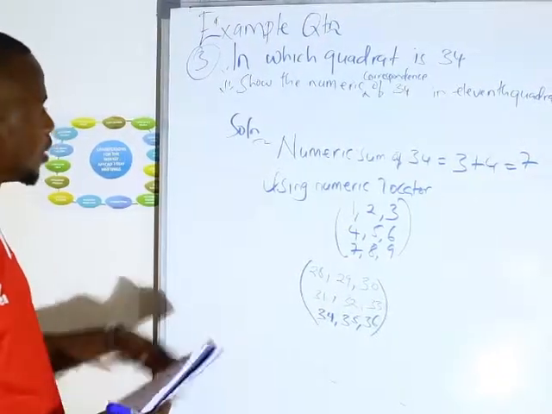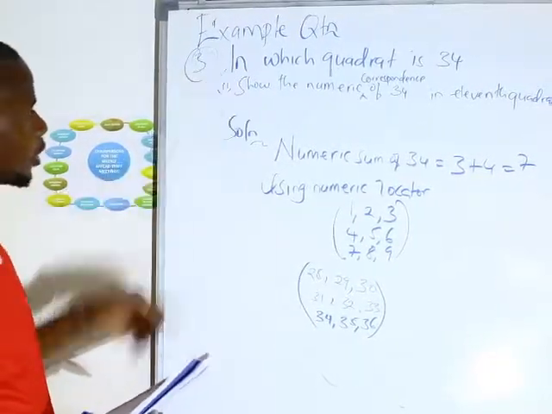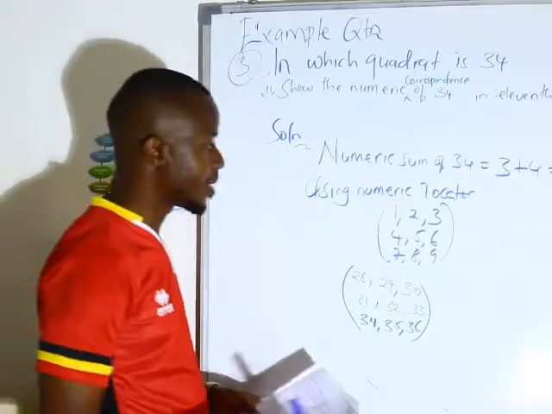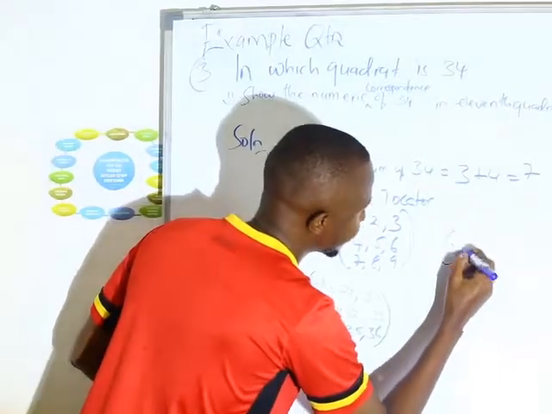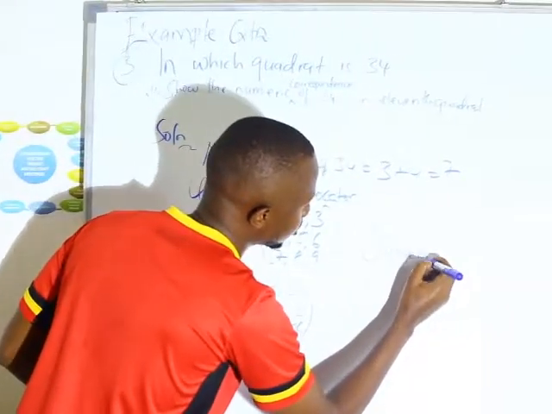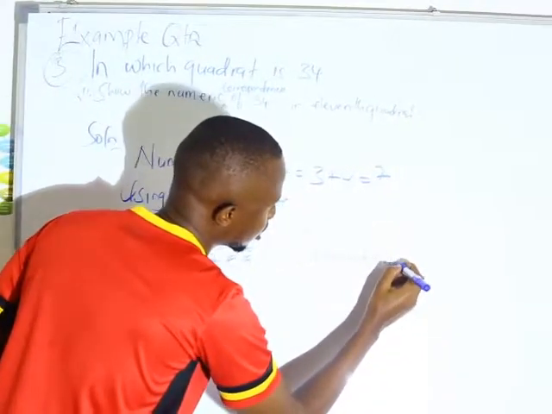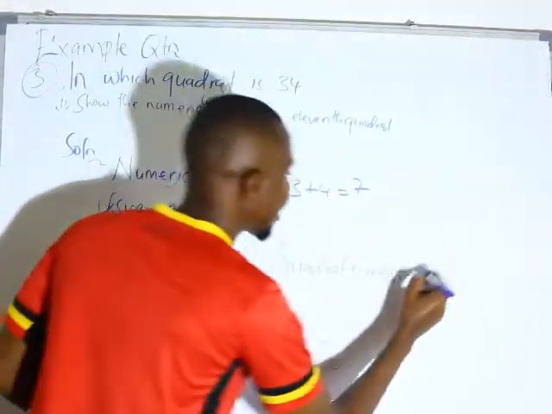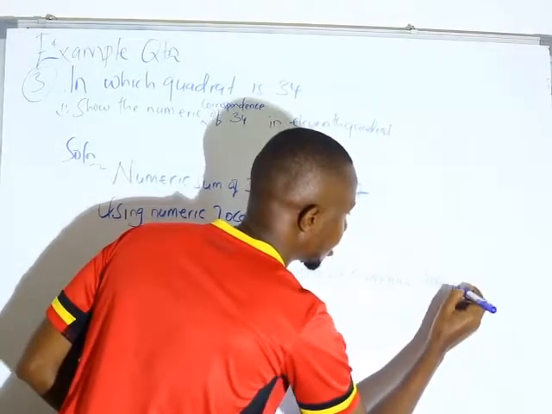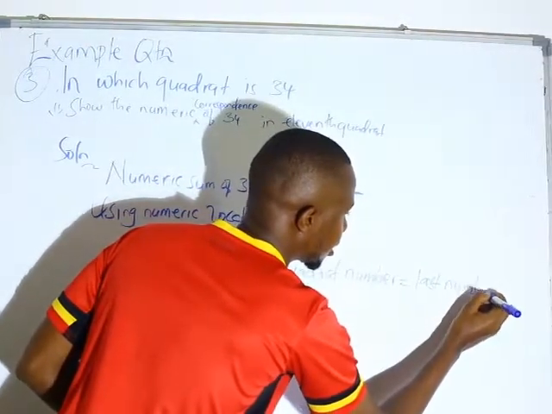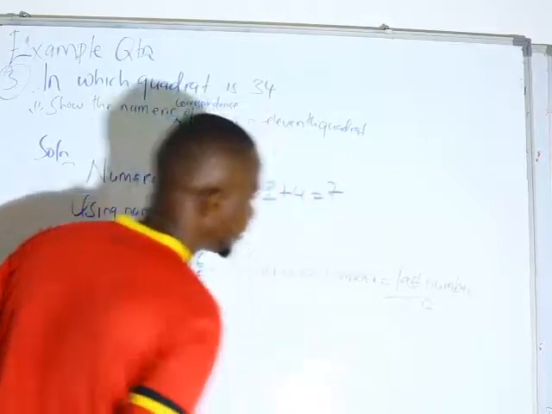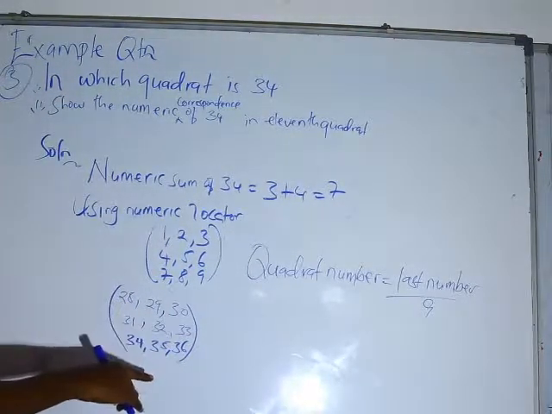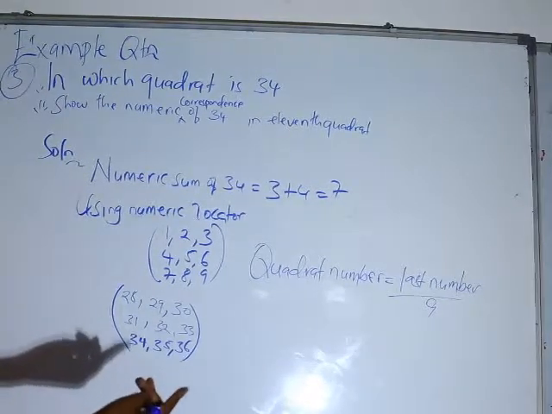So how do we know which quadrant 34 is in? You find the quadrant number. Quadrant number of 34 equals last number divided by 9. What is our last number here in the quadrant which 34 is in?